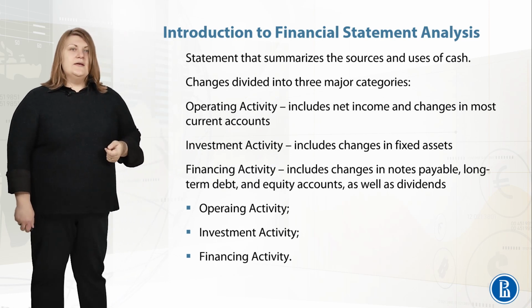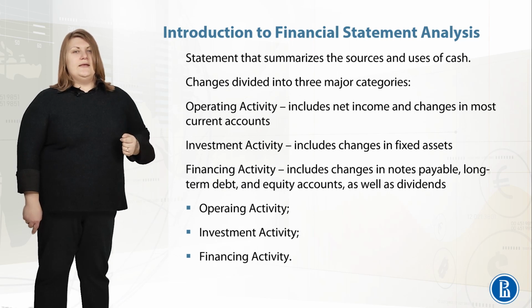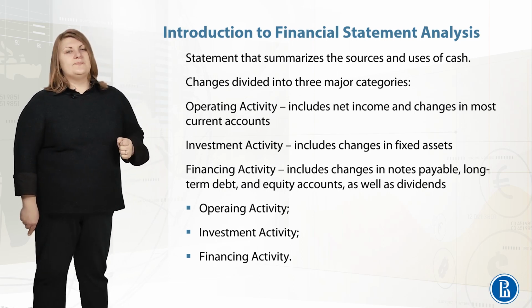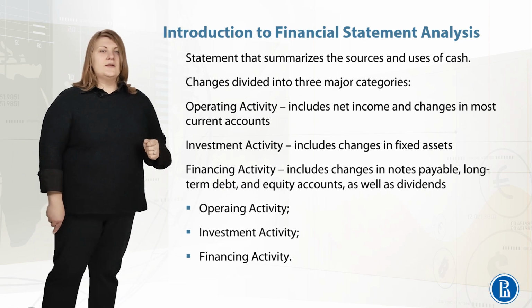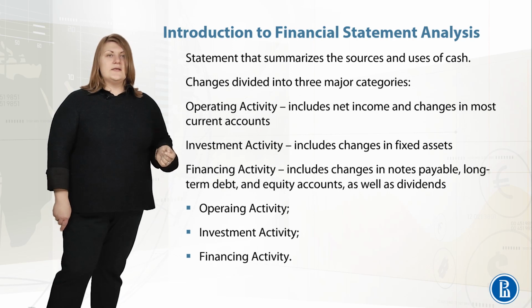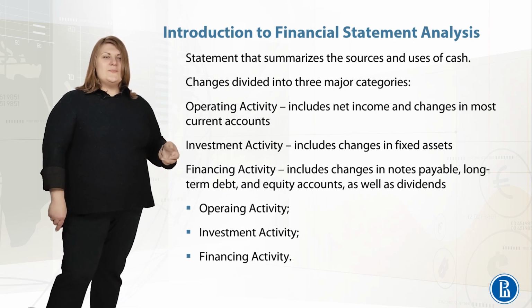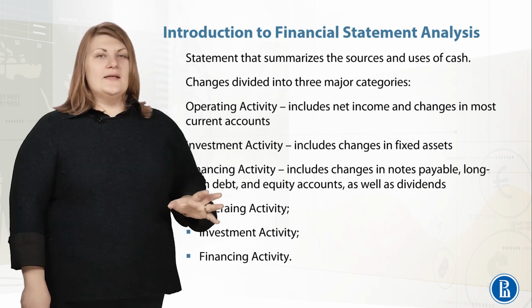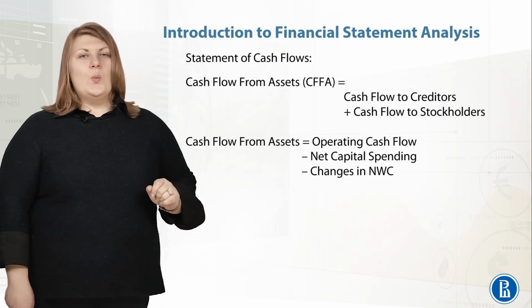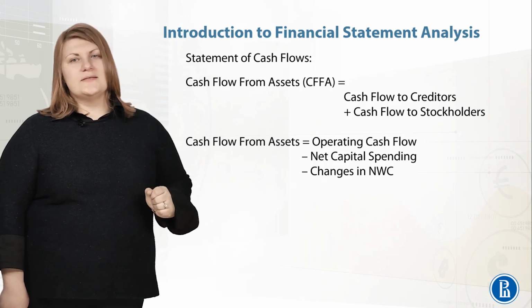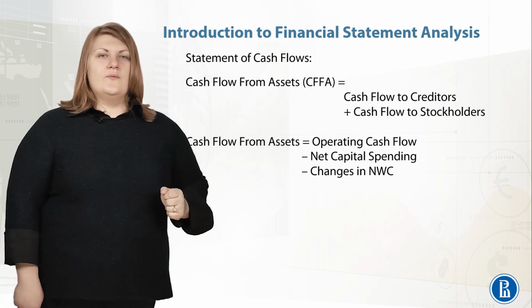Operating activity usually includes the net income and changes in most current accounts. Investment activity includes changes in fixed assets, and financing activity includes changes in notes payable, in long-term debt, in equity accounts, as well as in dividends. In the statement of cash flows, we can represent the equation of the cash flow from assets in two versions.